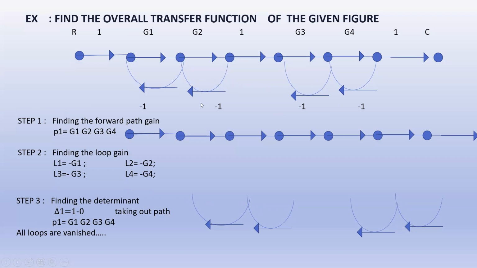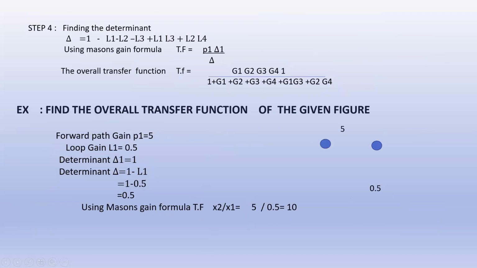What are non-touching loops? We have already discussed that. Loops that contain a common node are touching, and if they don't have any common node, they are non-touching loops. Based on that, we have written the products of the two non-touching pairs, L1 and L3, and L2 and L4.